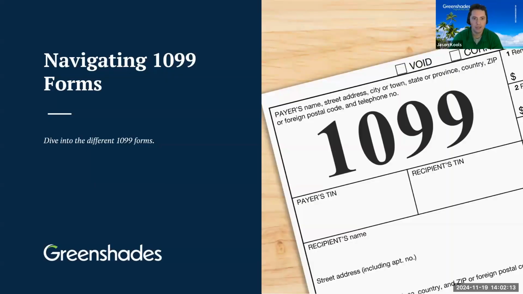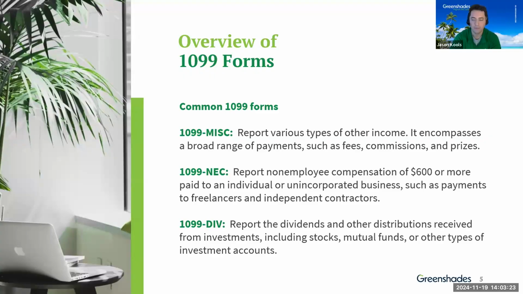So with that, we'll jump into the first section for today's webinar. We'll take a look at some different 1099 form types, along with some important deadlines to consider for this year as well. We'll start off by taking a look at some of the most common 1099 forms, starting with the 1099 miscellaneous.